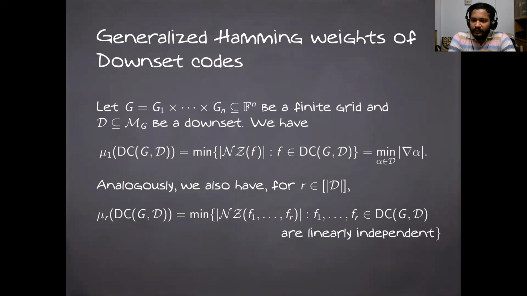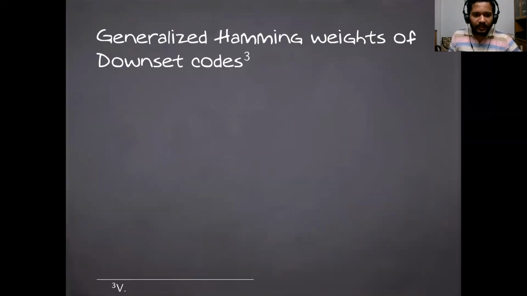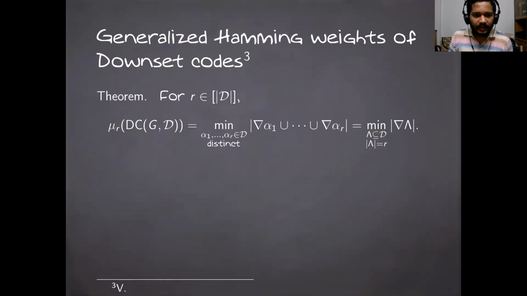For a tuple f1 to fr, we define a point to be a zero if each of those polynomials vanishes at that point. And a point is a non-zero point for this tuple if at least one of them is non-zero. The at-least-one condition should suggest that shades appear in this characterization in terms of unions. And that is exactly the result that we have here.